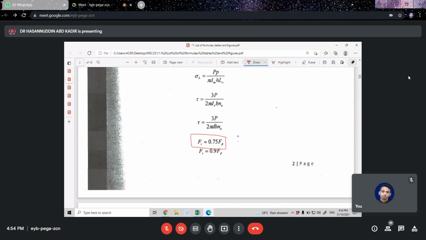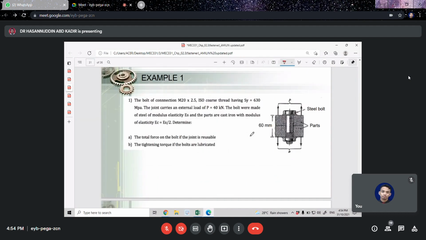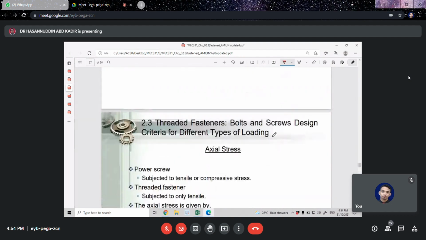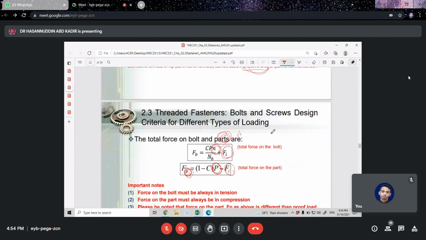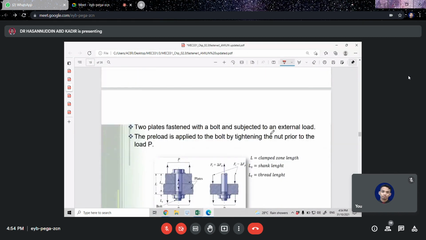Ni this one FI, because this one they ask you to, kalau tengok kat nota lagi senang kot, because they ask you to recall as a reusable. So kita boleh buka tutup lah, bukan permanent. Sekejap, saya pergi atas sikit.